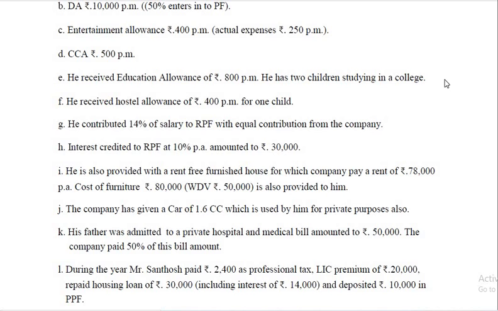Next, interest credited to recognized Provident Fund at 10% per annum amounted to 30,000. Here interest credited to recognized Provident Fund is exempt up to 9.5% per annum. But here it is 10%. That means half a percent of interest is taxable. But how do you calculate 0.5% interest?